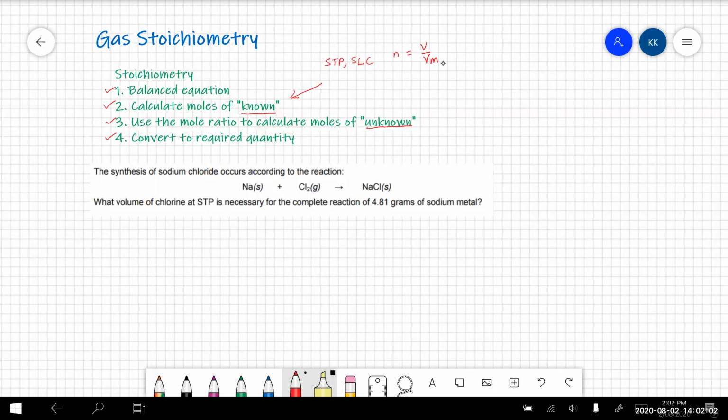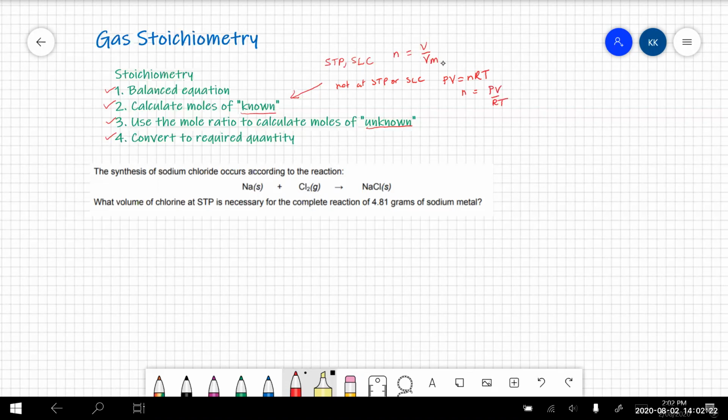We also know, if we're not at STP or SLC, that we have our ideal gas equation, PV equals nRT, and rearranging that to find moles, it's PV over RT.